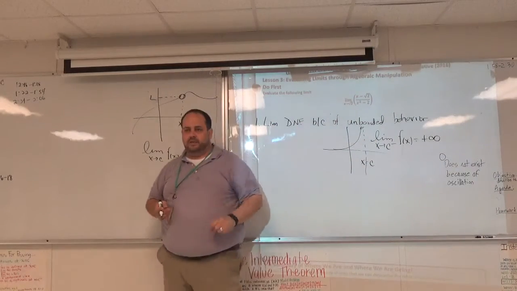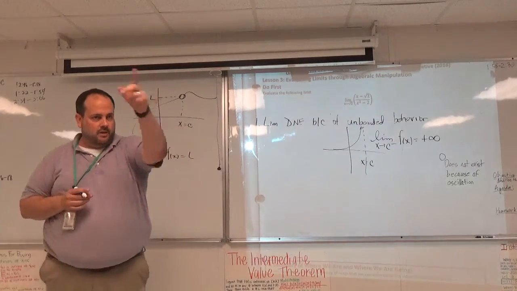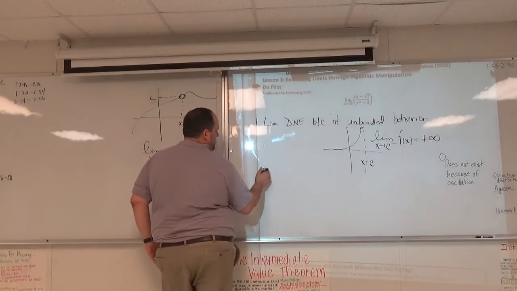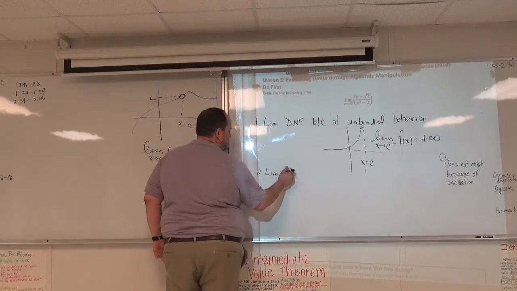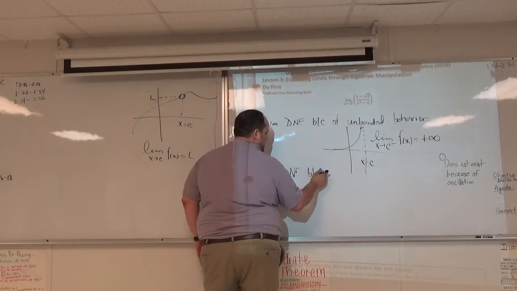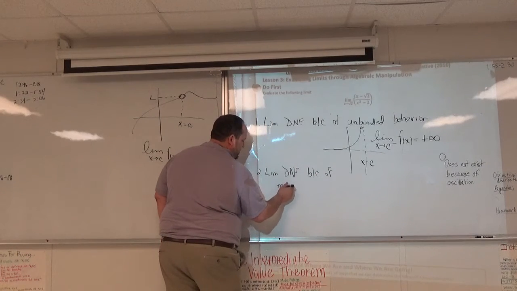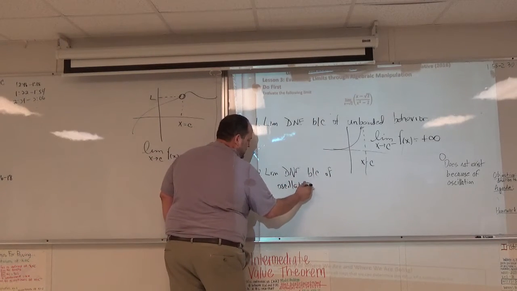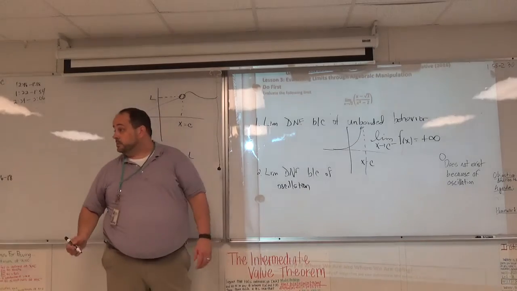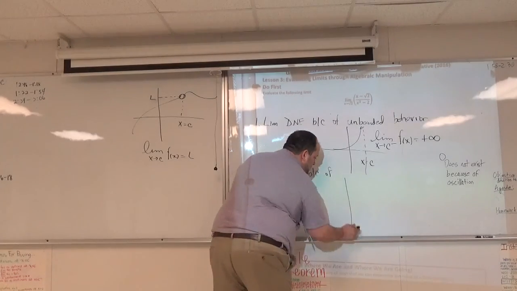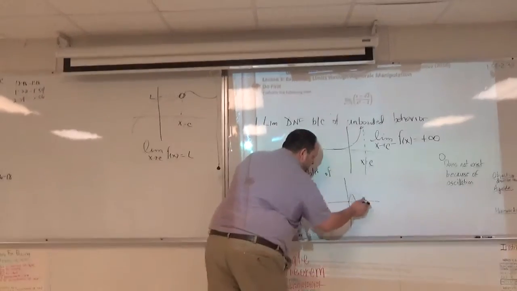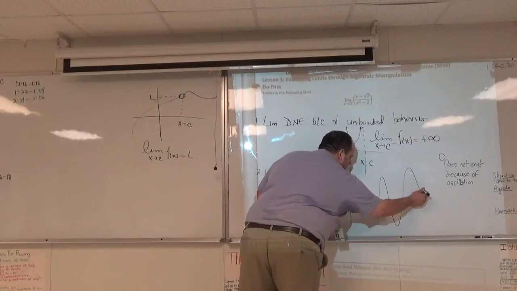What's another reason the limit wouldn't exist? The limit does not exist because of oscillation. Right? The graph just wiggles. So the graph maybe looks something like that.